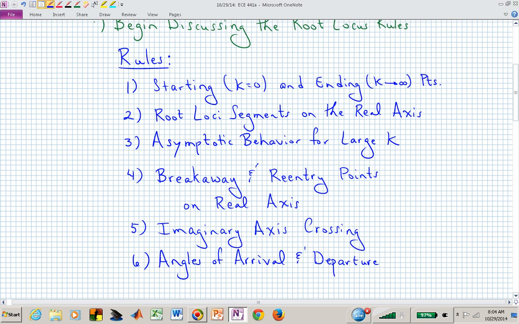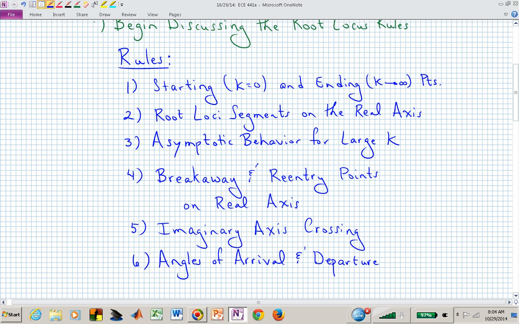What segments of the root locus actually live on the real line or on the real axis? Sometimes there may be no real line segments that are on the root locus, but that's rule 2.